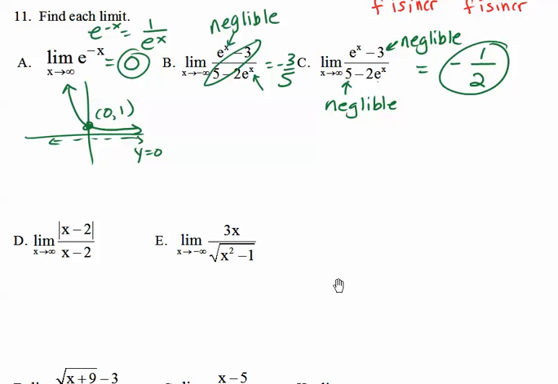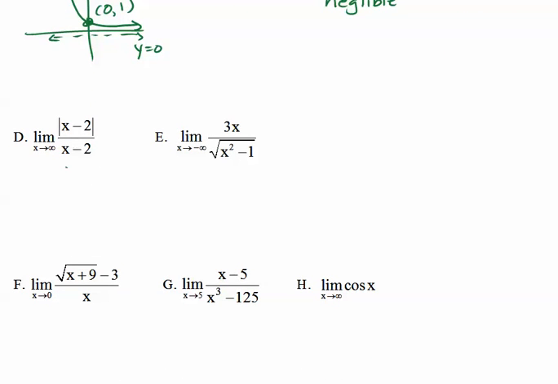All right, and our common function here, we've seen this so many times. I hope that we won't have any questions about this. So our limit as x goes to positive infinity is going to be positive 1.